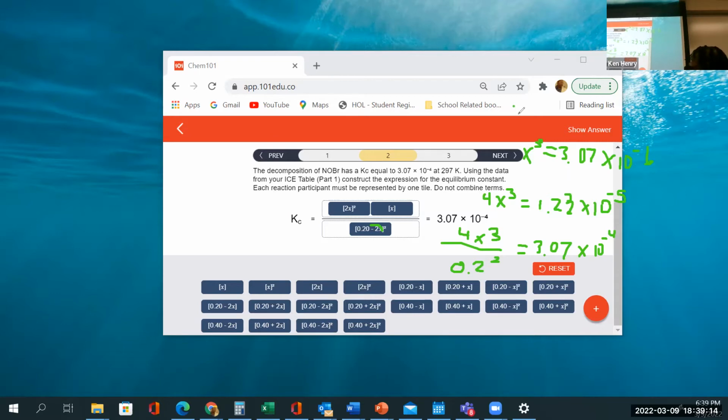So x is going to equal 0.0145. Okay, and so divide that by 2. Yeah, we get 7% more. So it's a little off.